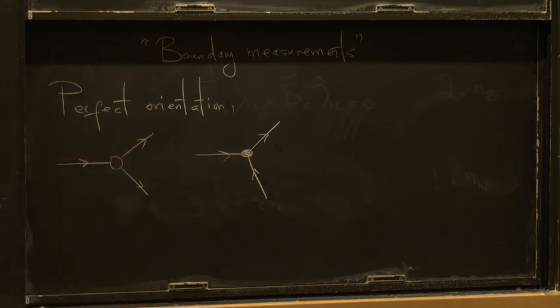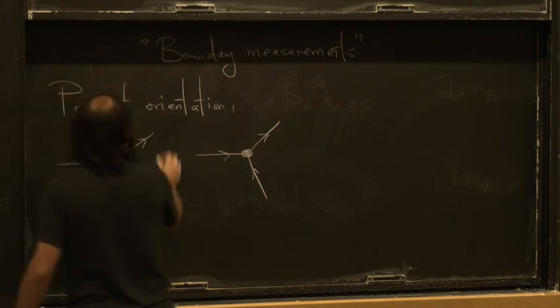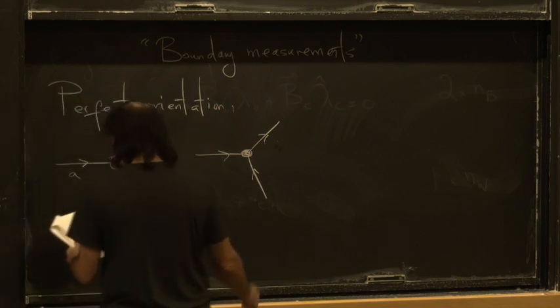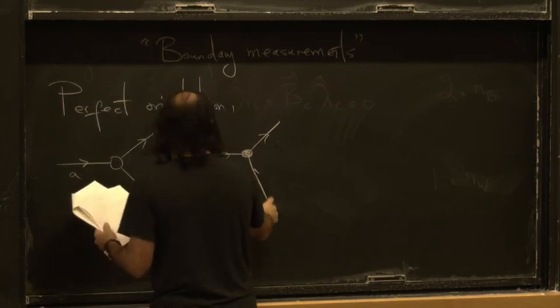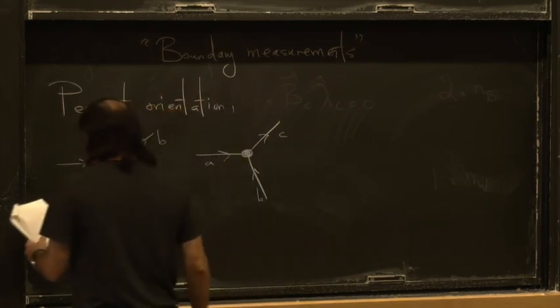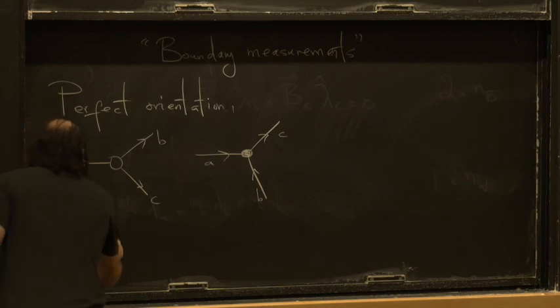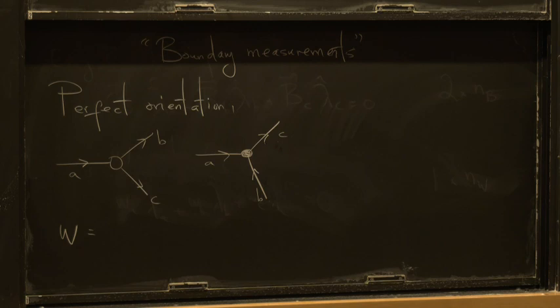All right. And now I'm going to assign concrete variables to these guys. So if this is A, B, and C, and A, B, and C, my W matrix, which remember I should officially be gauge fixing, so it only has 2 degrees of freedom.